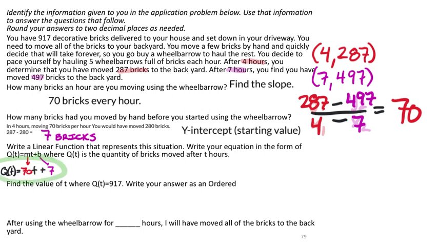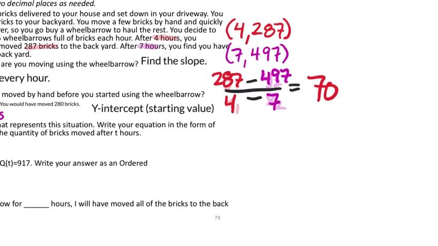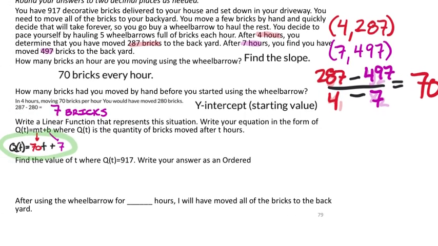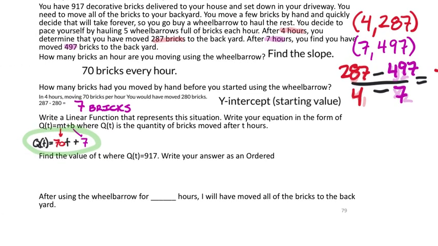Next up, it says find the value of t where Q of t equals 917, right? Your answer has an ordered, should say ordered pair there. No problem. So our equation that we have, Q of t equals 70t plus 7.